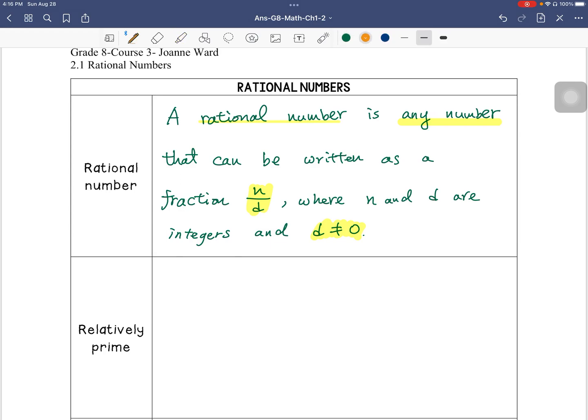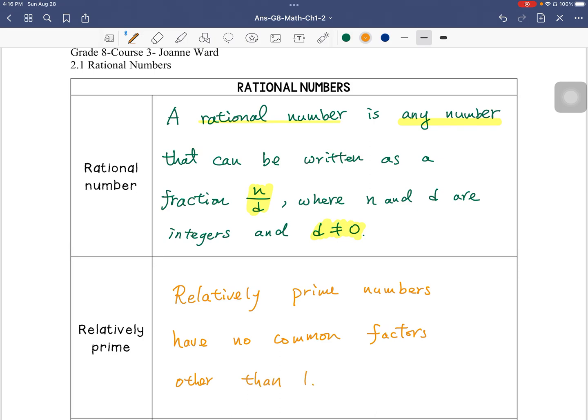Second concept, I want to talk about what is relatively prime. Relatively prime numbers have no common factors other than 1.